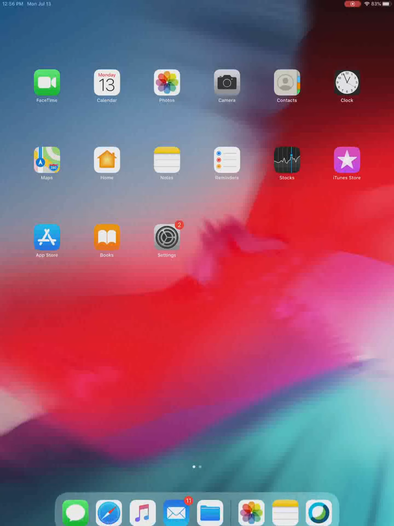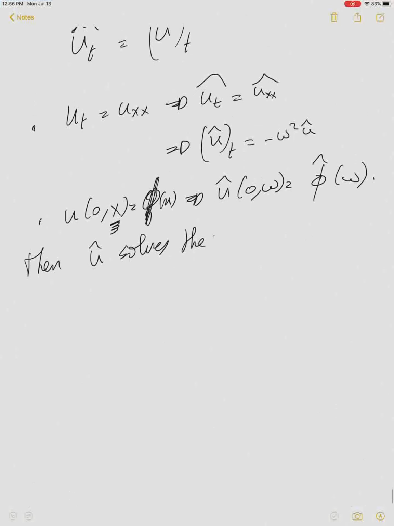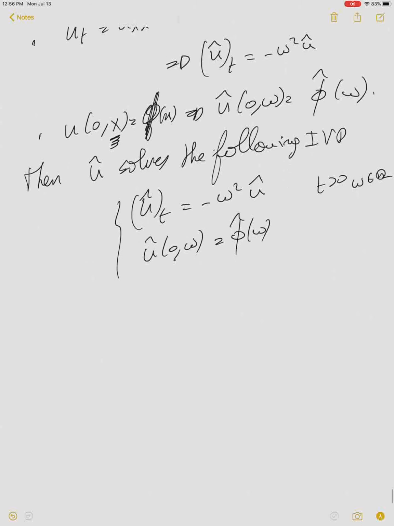But now I know how to solve this. You had solved the following initial value problem: u hat sub t equal minus omega squared u hat, and u hat of 0 omega equal phi hat of omega, for t positive, omega in R. And remember, u hat is a function of t and omega. But now, how do I solve u hat sub t equal minus omega squared u hat?